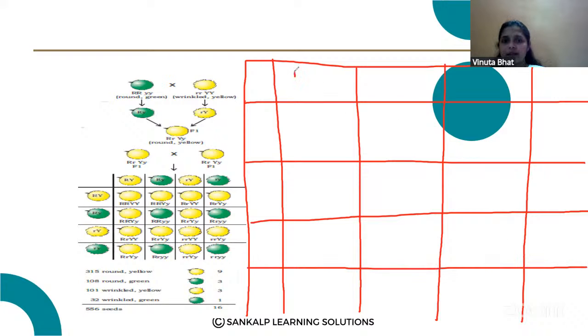Okay, I will write the gametes here: capital R, capital Y, capital R, small y, small r, capital Y, small r, small y. Here also in this row: capital R, capital Y, capital R, small y, small r, capital Y, small r, small y.